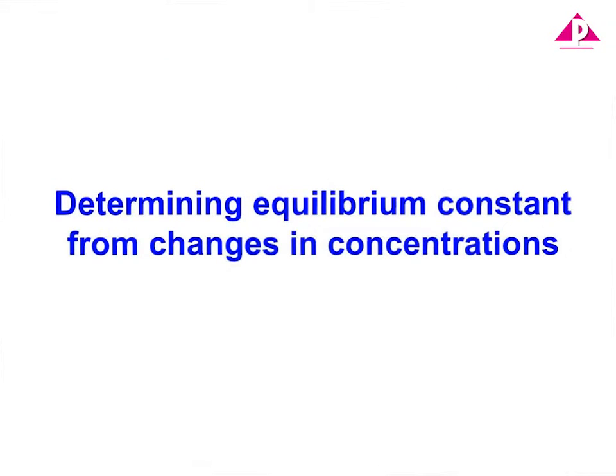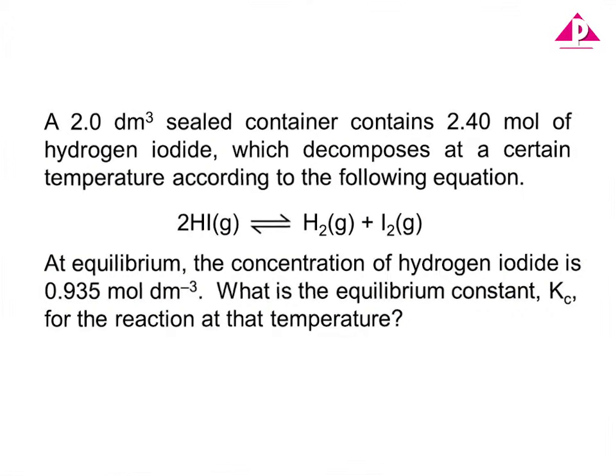This video is about determining equilibrium constant from changes in concentrations. Let us look at this example. A 2.0 dm cube sealed container contains 2.40 moles of hydrogen iodide, which decomposes at a certain temperature according to the following equation.